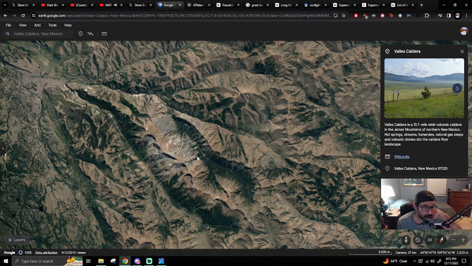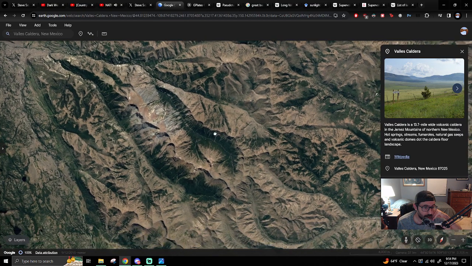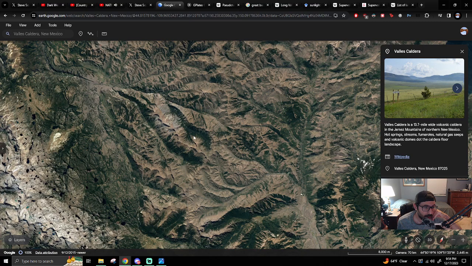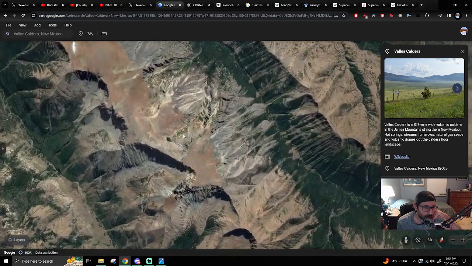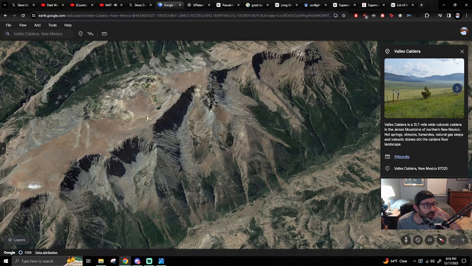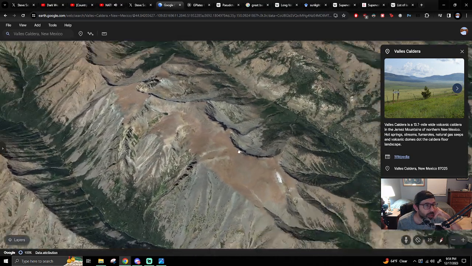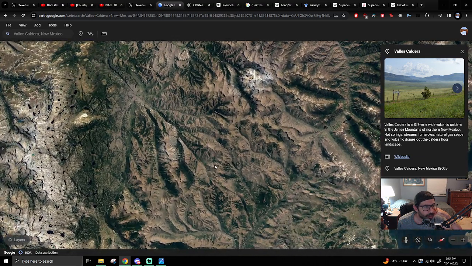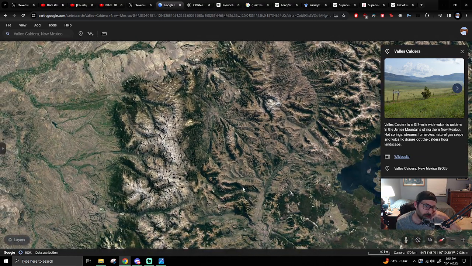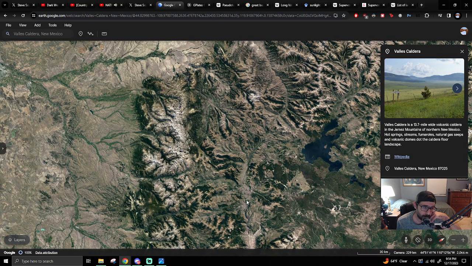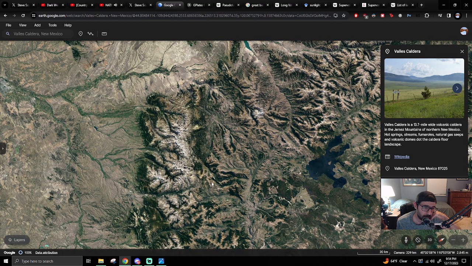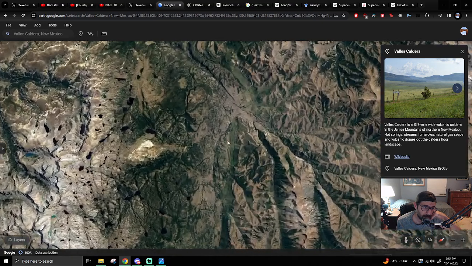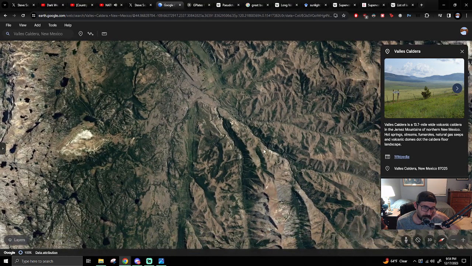Not sure. So maybe it bends off further back over this way. Goes up this way. Wraps in here.